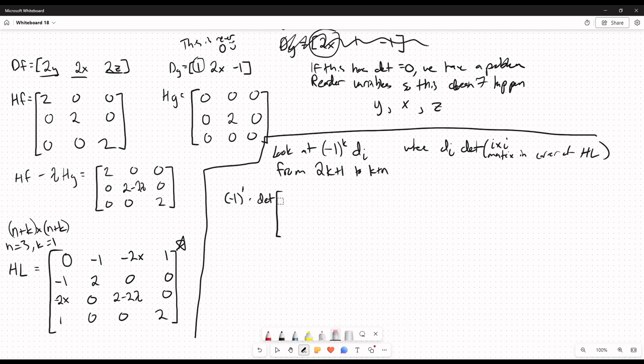So I guess I'll write that down just for clarification. So we're looking at negative 1 to the 1, or to the k, times D3, which is negative 1 times the determinant of 0, negative 1, negative 2x, negative 1, 2, 0, negative 2x, 0, 2 minus lambda 2.